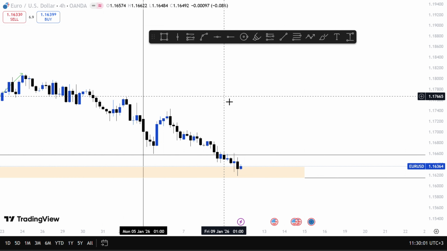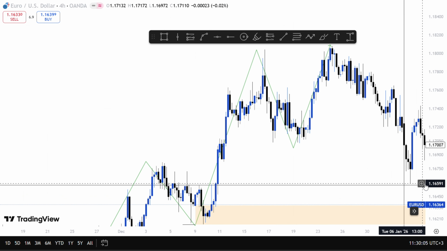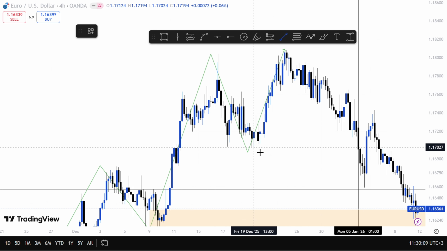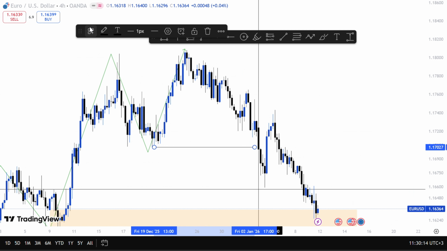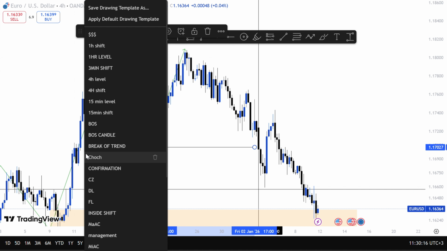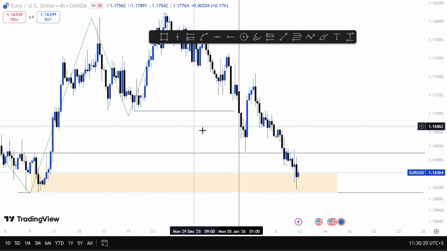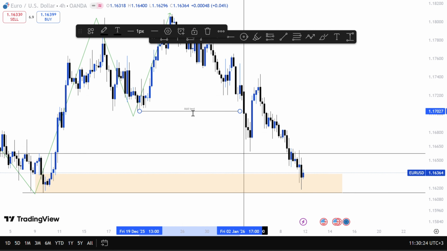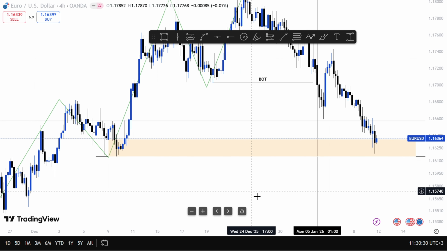So 1 week actually corresponds with the 4 hour. So I marked this level and said if we break here, we will be breaking the trend. So I marked that as break of trend.